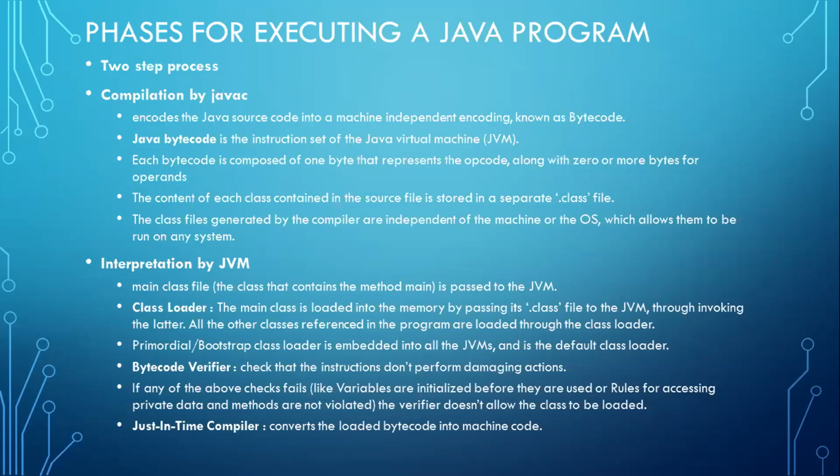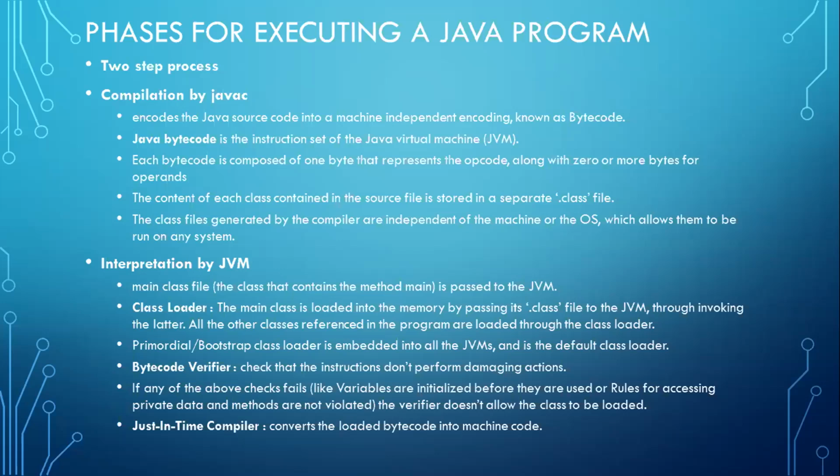So JIT compilation is an important step in the Java runtime environment. It's a part of the JVM through which we achieve faster execution of Java applications. JIT compilation is one phase, I would say.